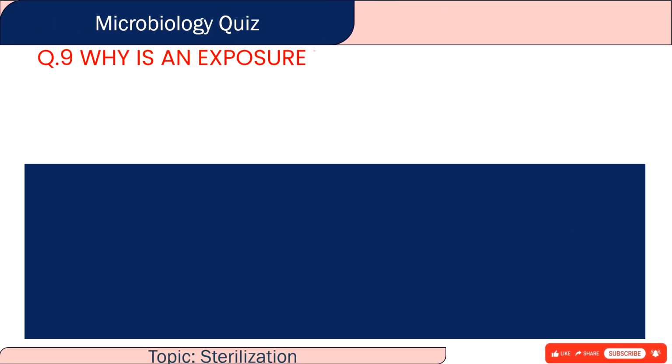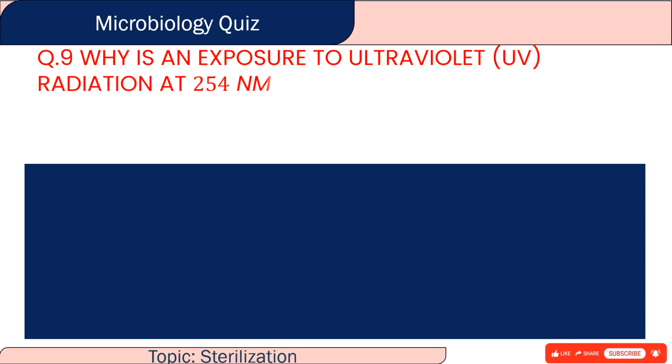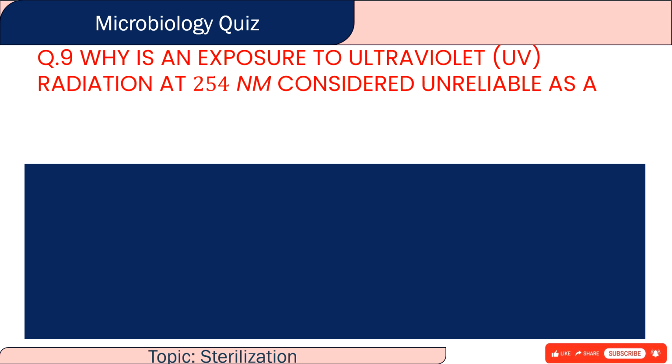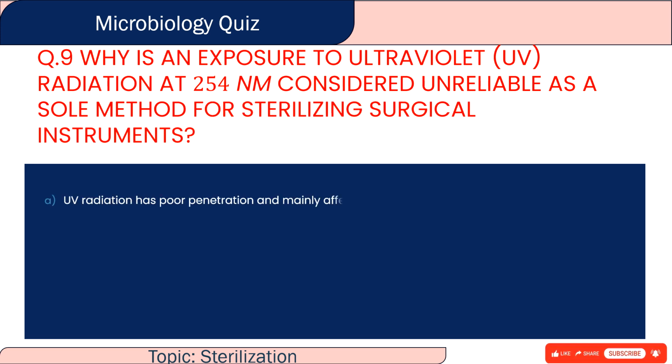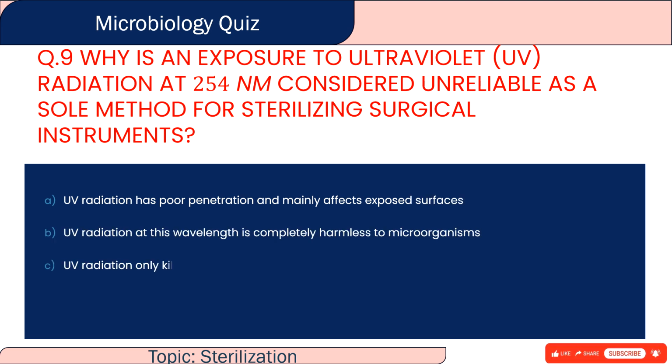Question number 9. Why is exposure to ultraviolet radiation at 254 nanometer considered unreliable as a sole method for sterilizing surgical instruments? A. UV radiation has poor penetration and mainly affects exposed surfaces. B. UV radiation at this wavelength is completely harmless to microorganisms.